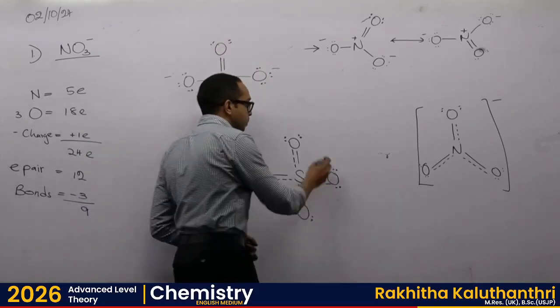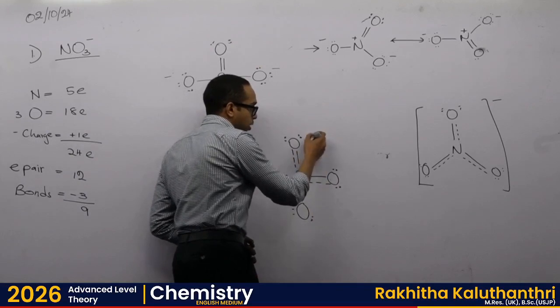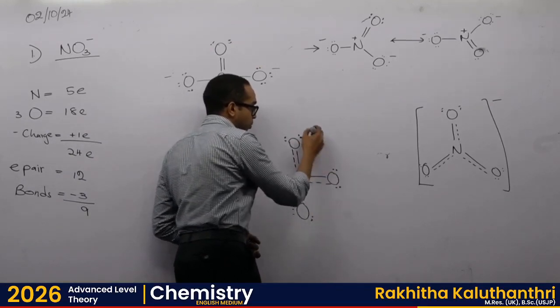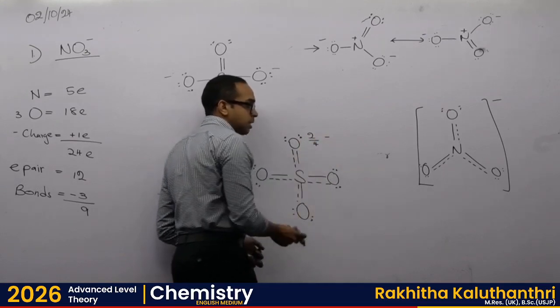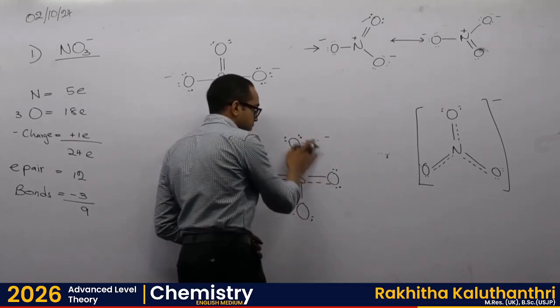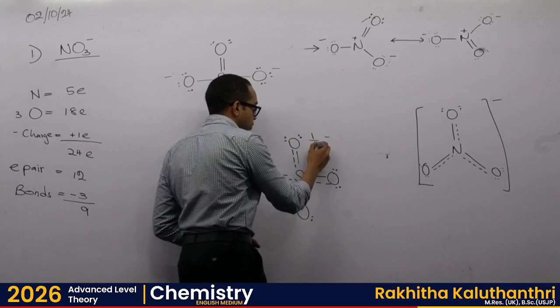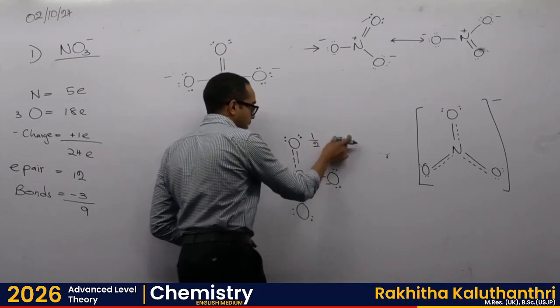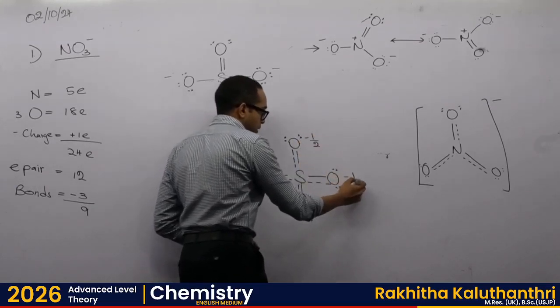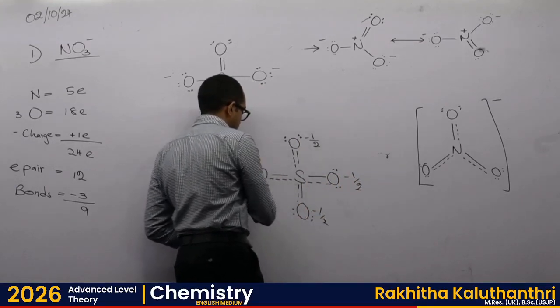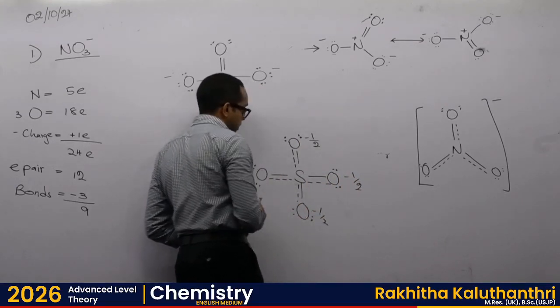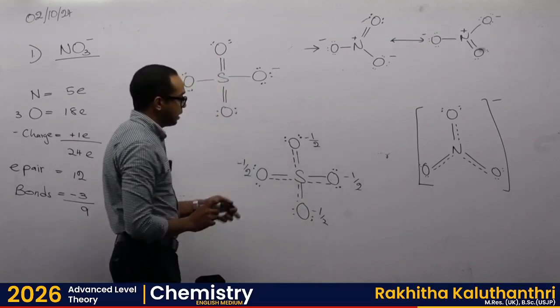So therefore the total charge on each of these atoms could be 2 divided by 4 minus, in other words, 1/2 minus on each.